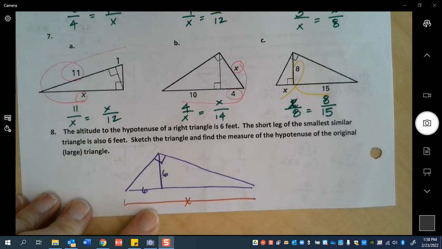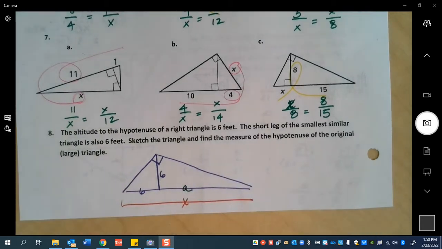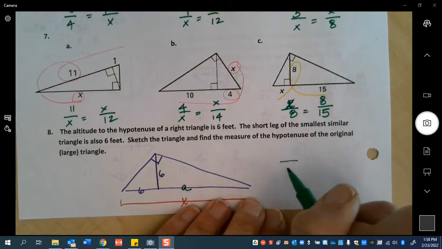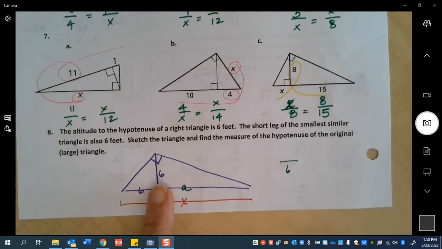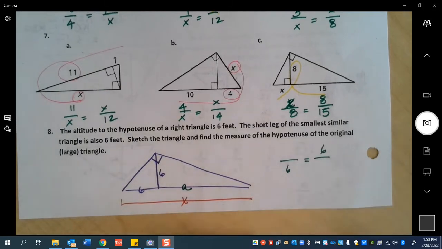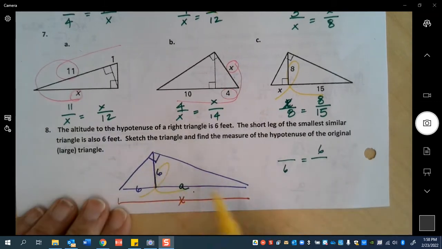So we'll go ahead and first solve for that. So 6 is going to be the geometric mean between the two pieces of the hypotenuse. Here's our loop-the-loop.